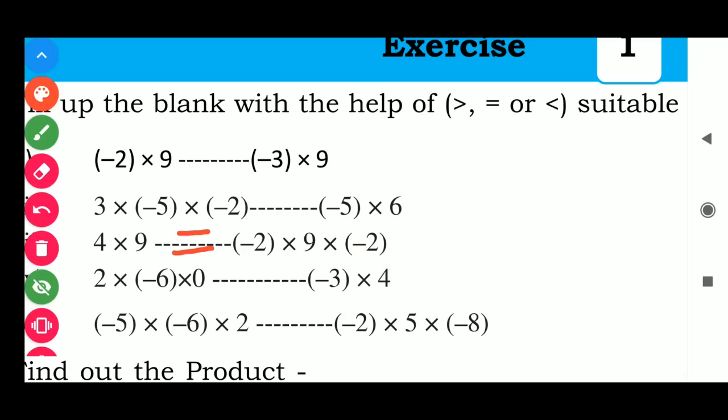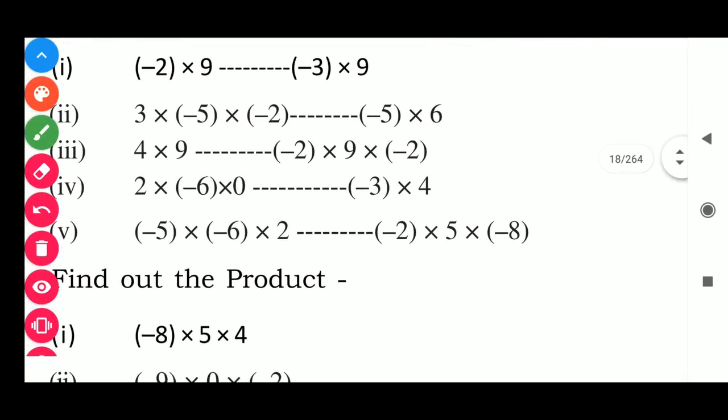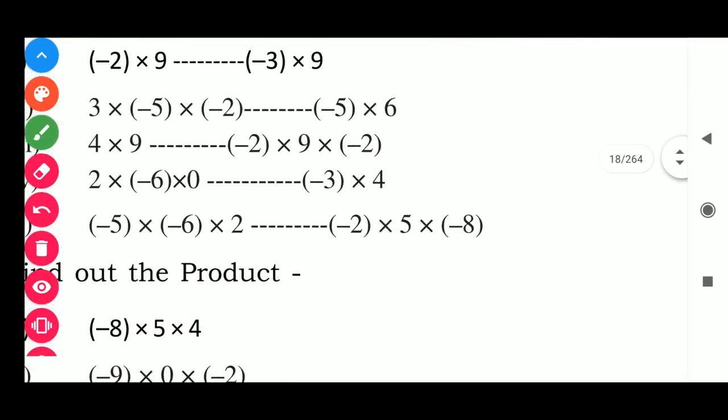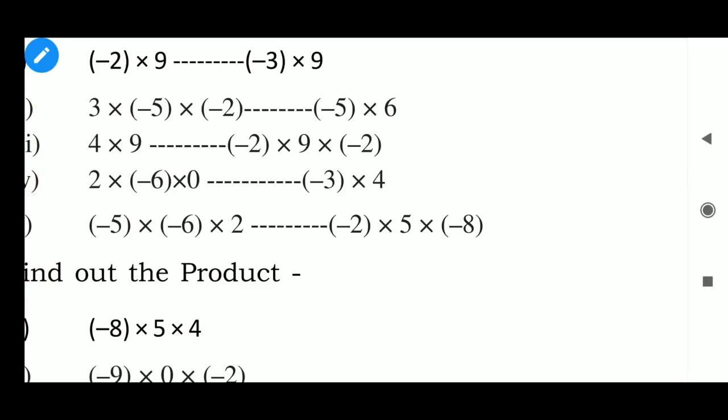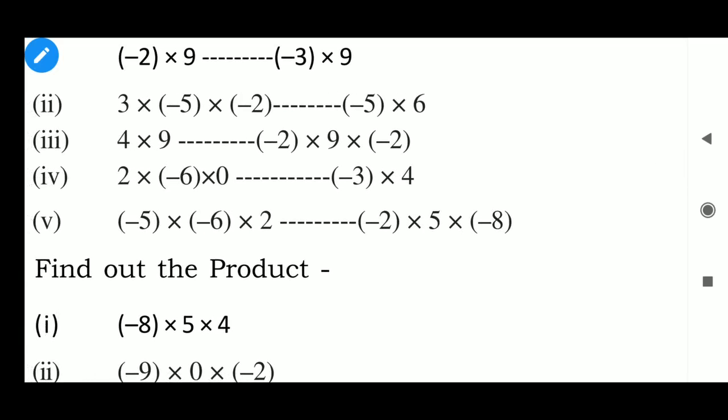Now come to the fourth question. What about the fourth question? This one is your fourth question.